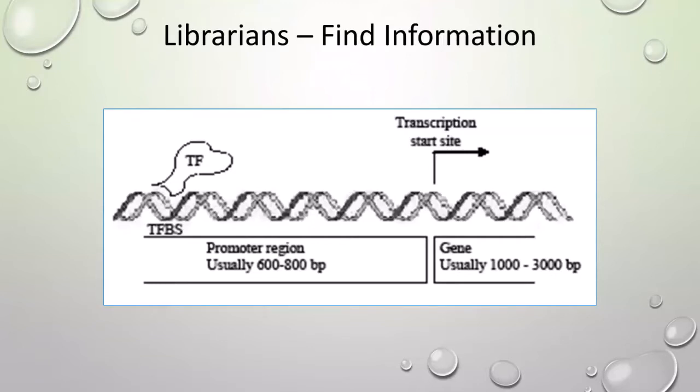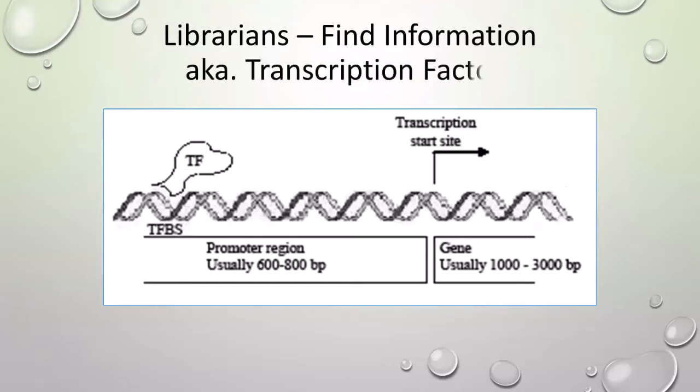So in this diagram, the gene is downstream here, and we're looking at the upstream portion here. The transcription factors could be thought of as librarians.